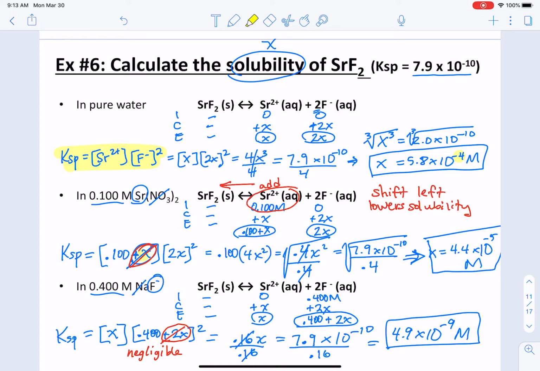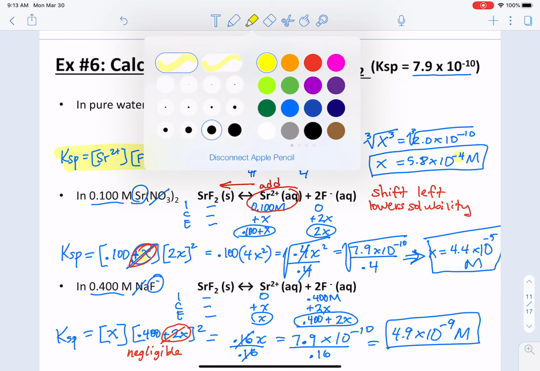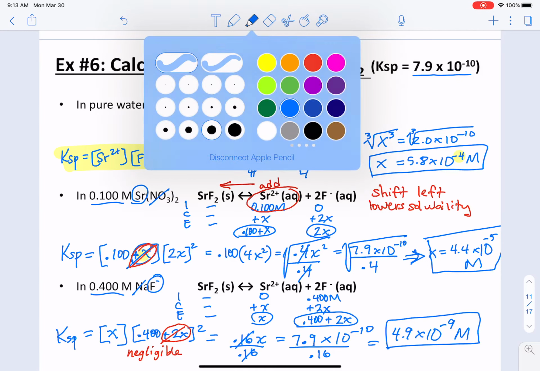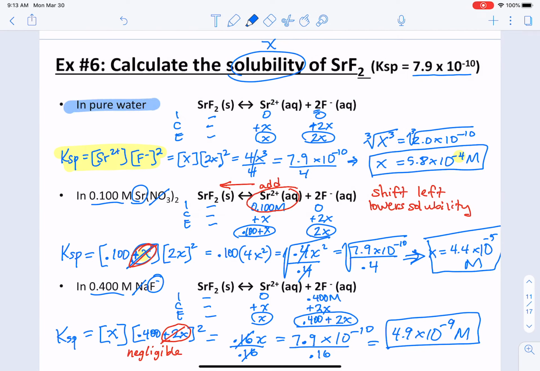Originally, when we had our solution in pure water, the value for x was 5.8 times 10 to the negative 4. Then we added a solution of strontium nitrate into our salt, and it caused a shift to the left. It lowered the solubility.